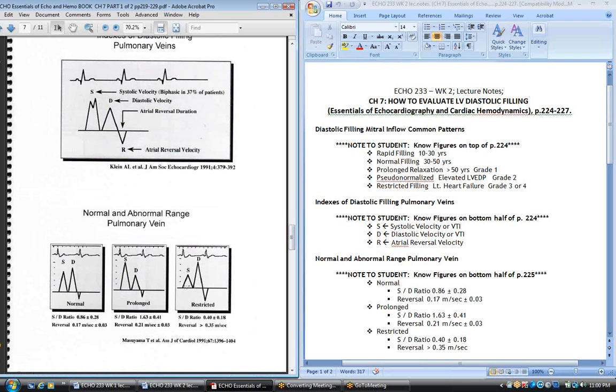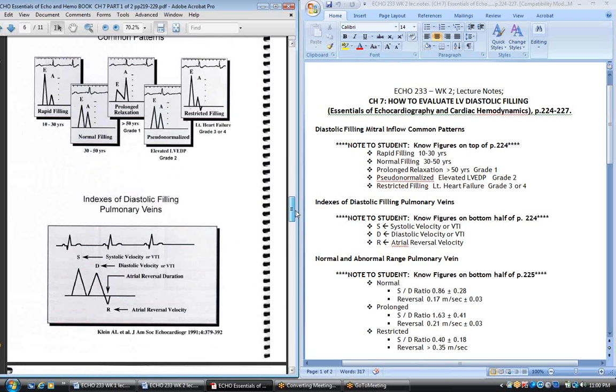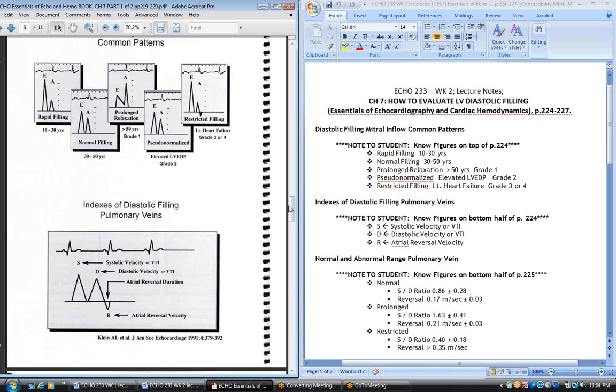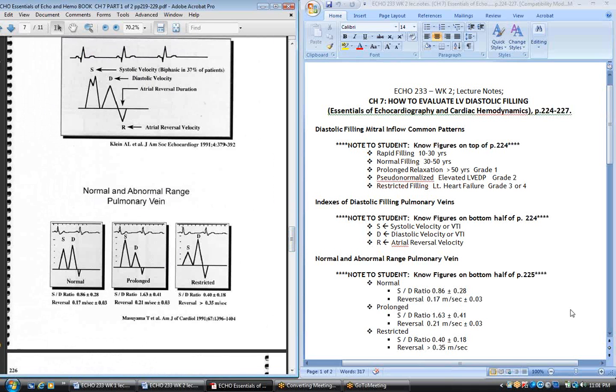If your S is very small compared to your D and your R has gotten bigger, then that refers to the restricted, also up here with your E/A, restricted. So you need to be aware of your mitral inflows as well as your pulmonary vein flows.